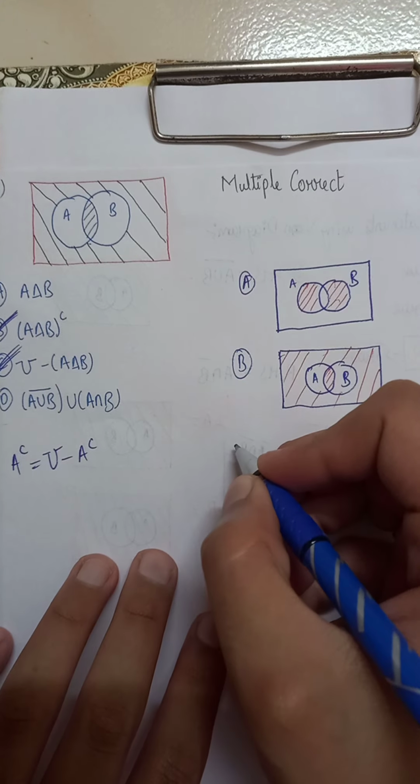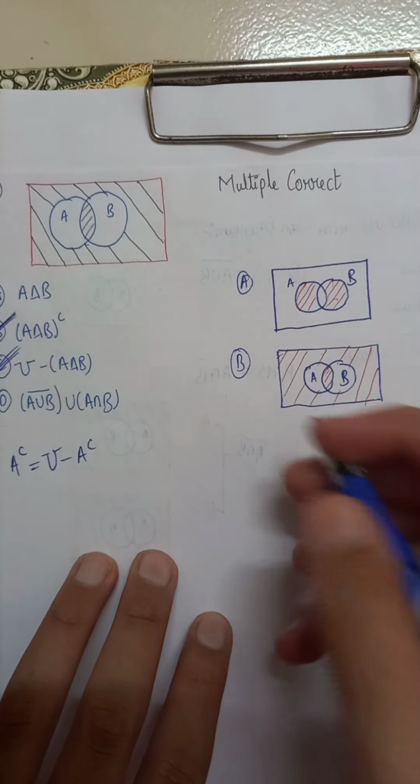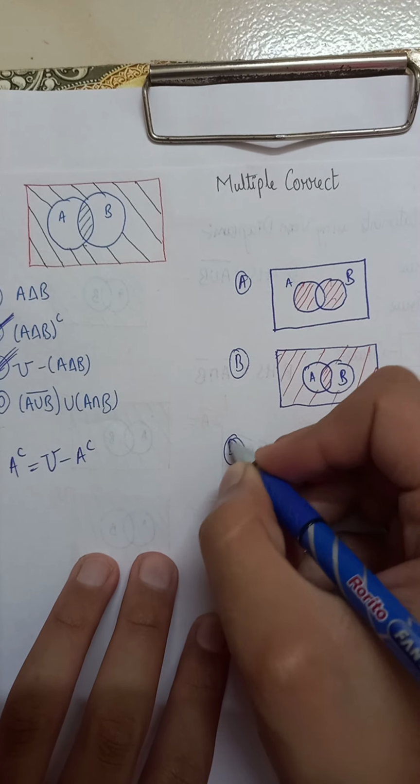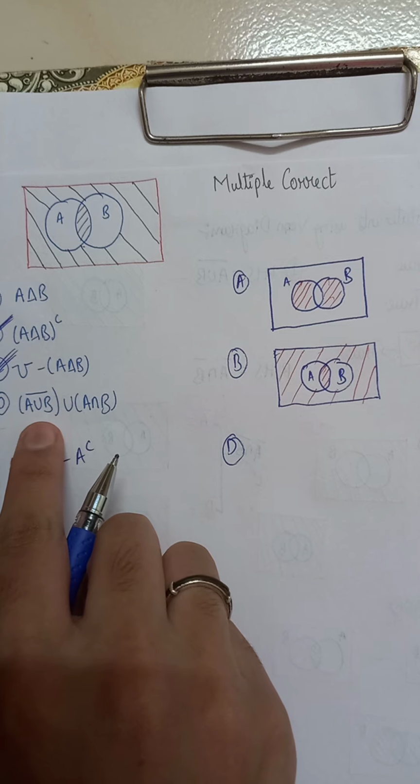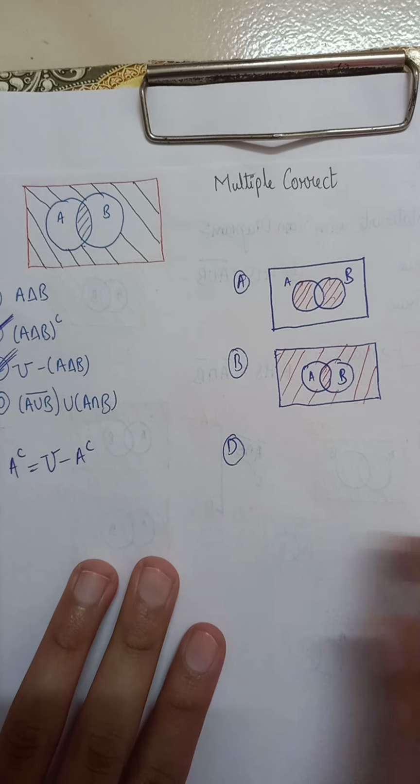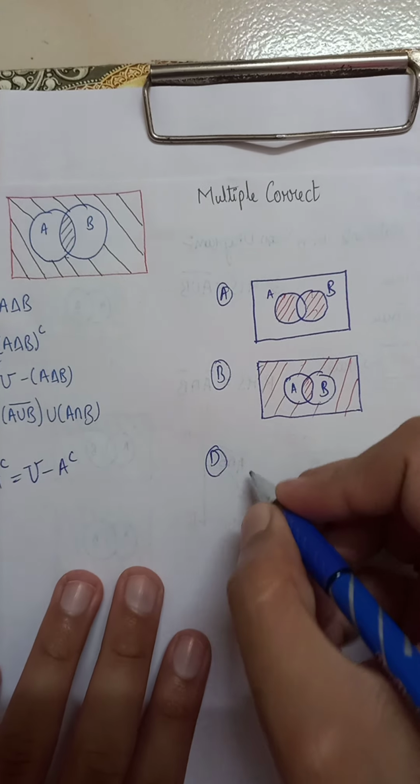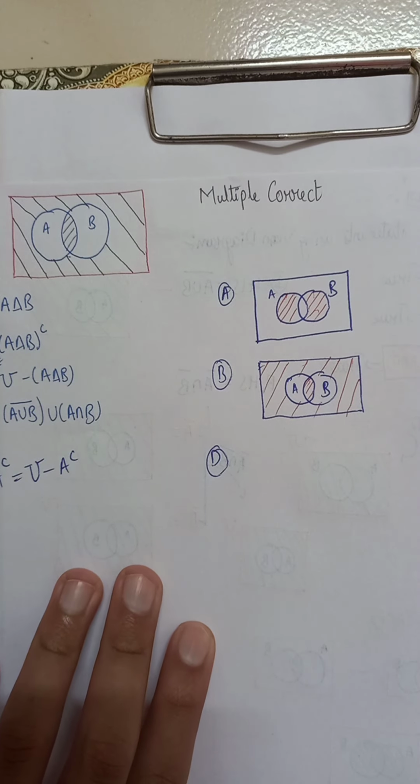Now in the case of option D: A union B complement, union A intersection B. First let's draw A union B complement.